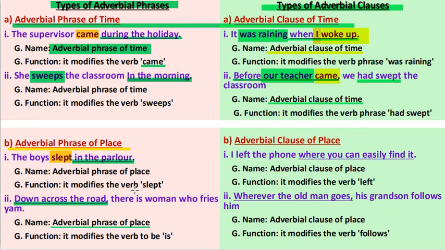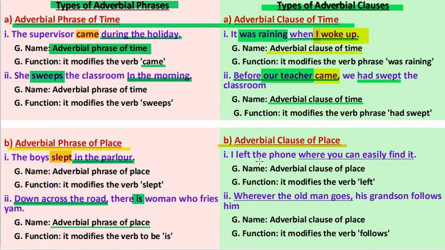If they ask you, where is the woman who fries yam? You will say, down across the road. Coming back to clause, we have adverbial clause of place. Adverbial clauses of place are usually introduced by where and wherever. Those are the two common introductory items for adverbial clauses of place.